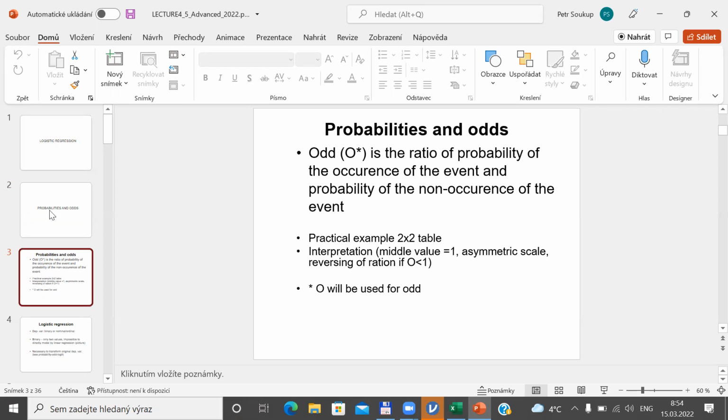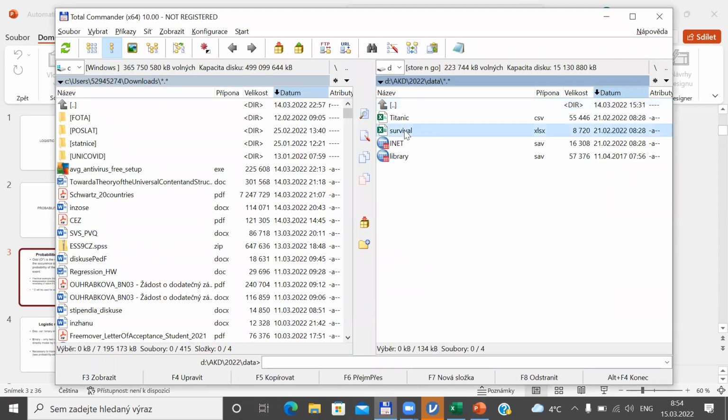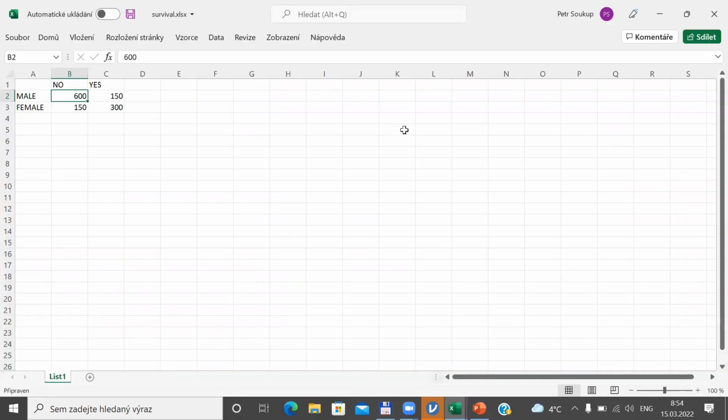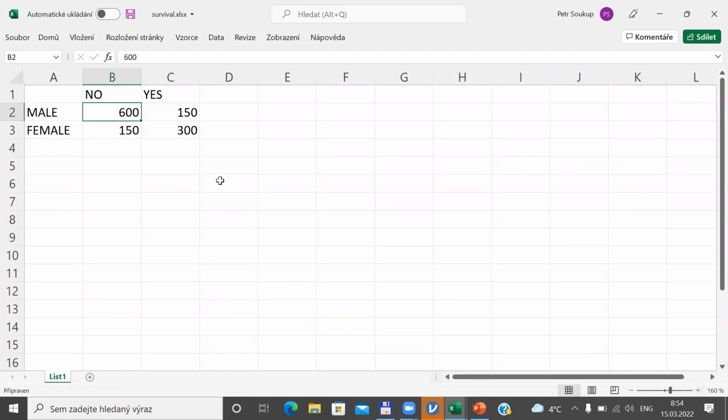For practical insight, which will be maybe more important for us, I will open a file prepared on my computer. So here it is, and here I have slightly simplified results from the Titanic data.